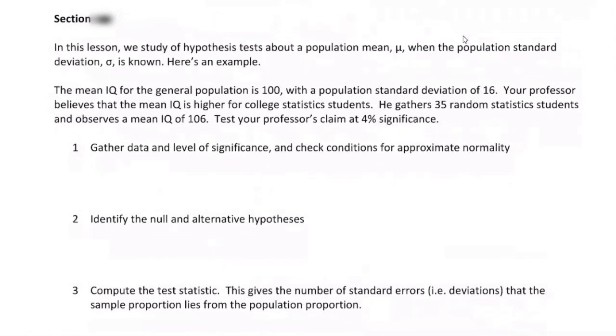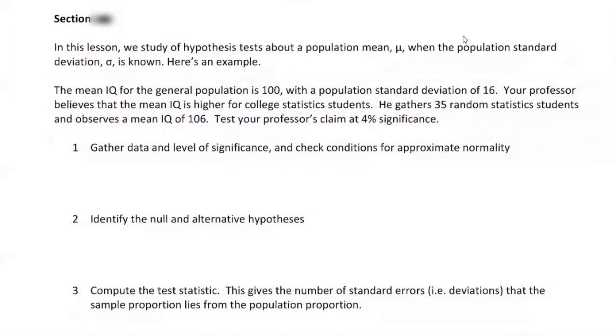Okay, so first it says the mean IQ for the general population is 100 with a population standard deviation of 16. I think it's actually 15, but we'll go 16. Your professor believes the mean IQ is higher for college statistics students. Absolutely, I do. He gathers 35 random statistics students and observes a mean of 106.